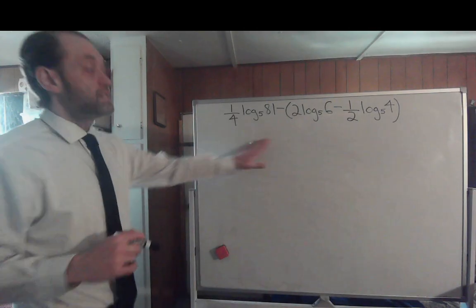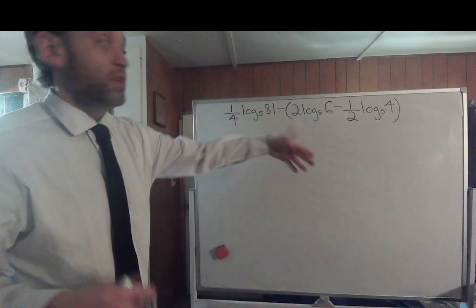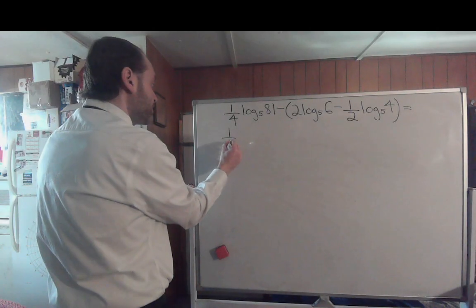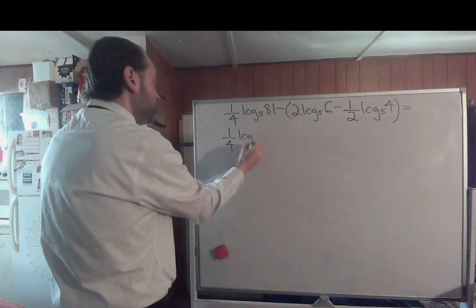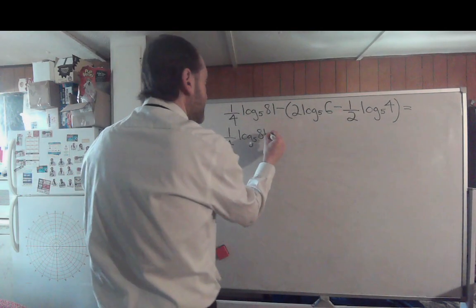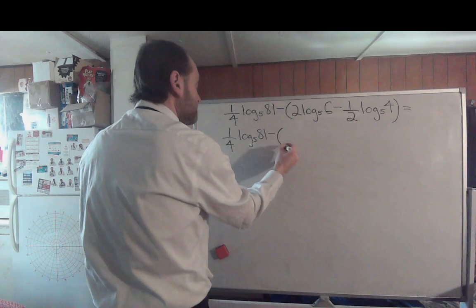Of course, let's deal inside the parentheses first, right? Per order of operations, you always want to deal with parentheses. So we'll keep the 1/4 log base 5 of 81. We're going to leave that alone for now. Minus, let's deal inside the parentheses.